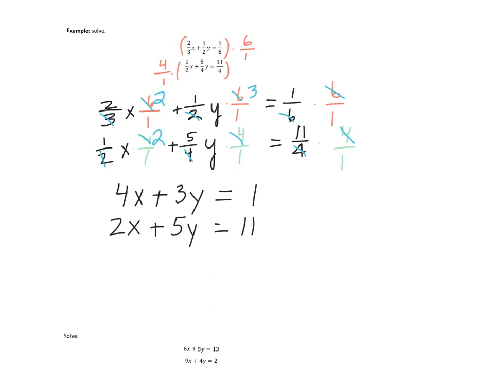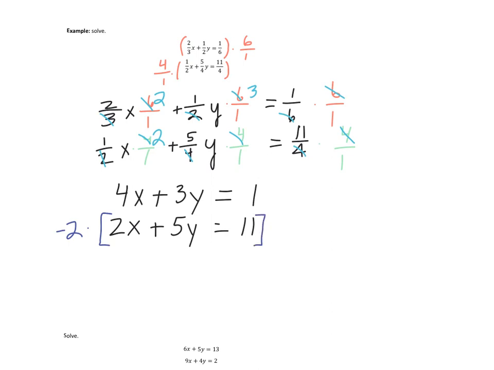All right. So how would we solve this? Let's choose a variable to eliminate. I would say the x coefficients are easier to turn into additive inverses. So I would have to multiply 2 by 2 to make it an additive inverse. It has to be the opposite sign. So let's multiply it by negative 2.